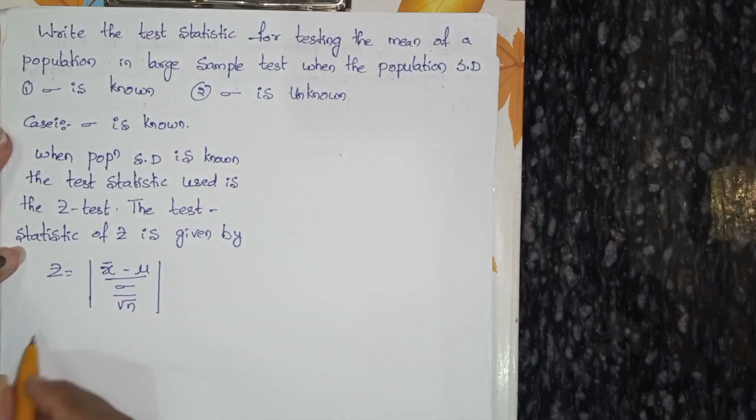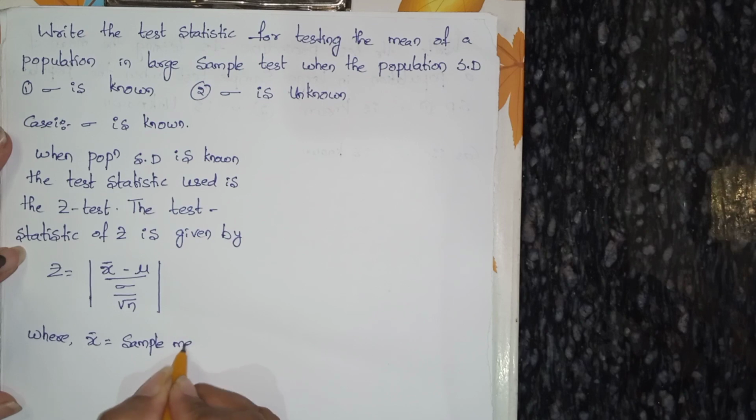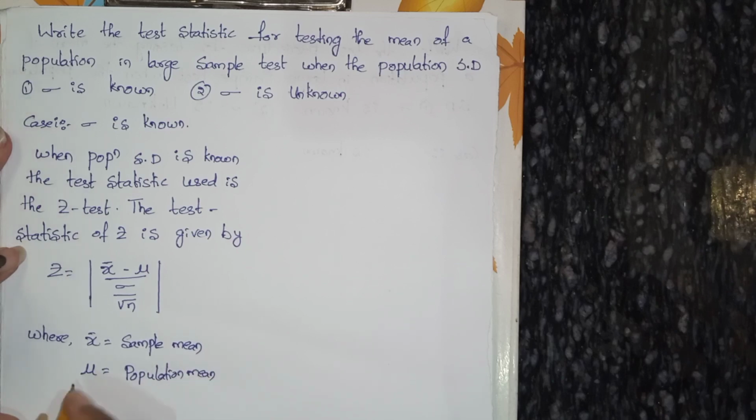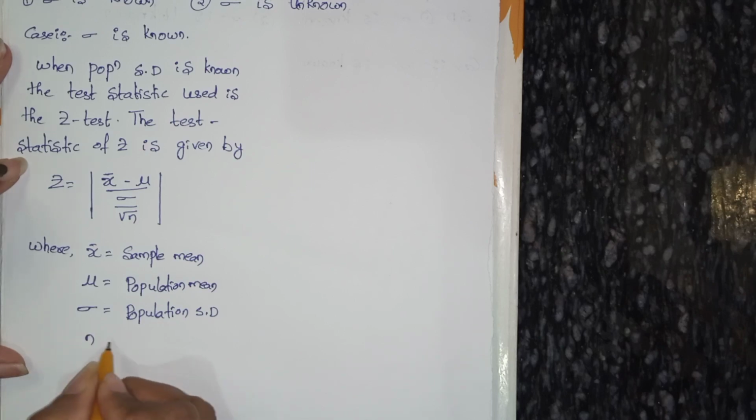Where x bar equals sample mean, mu equals population mean, sigma equals population standard deviation, n equals sample size.